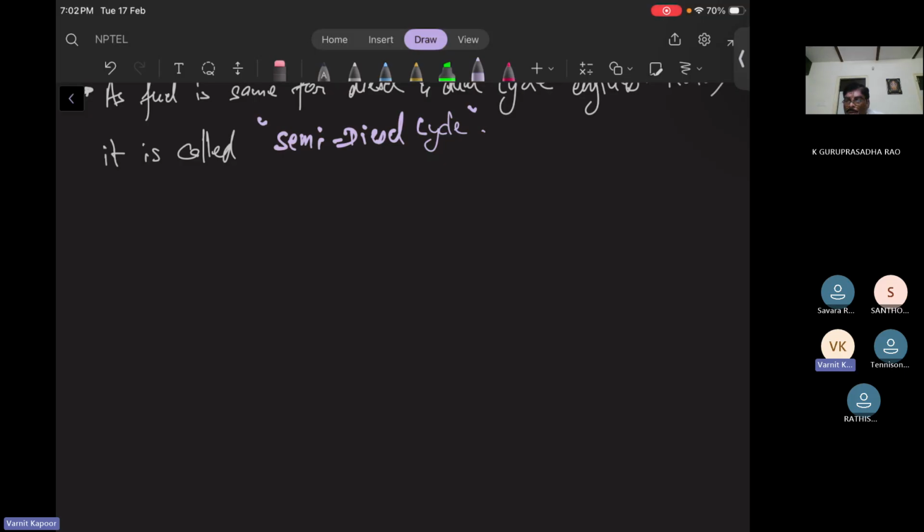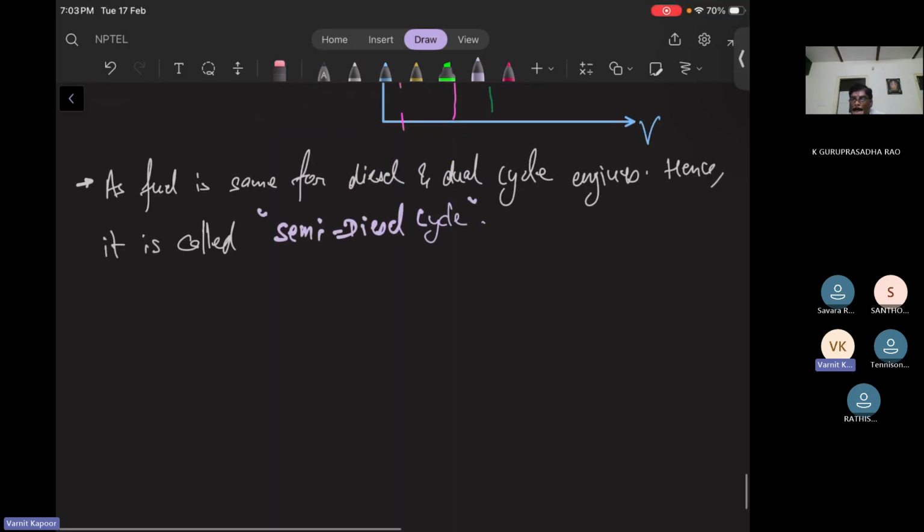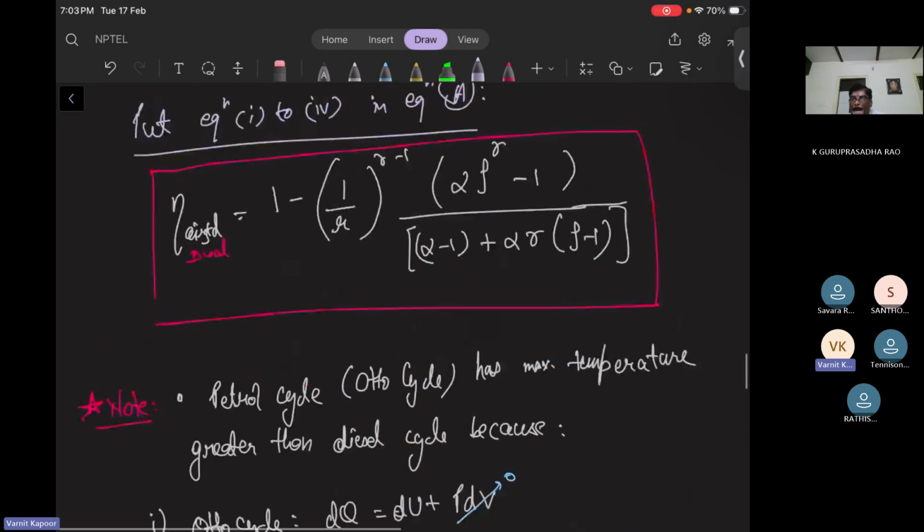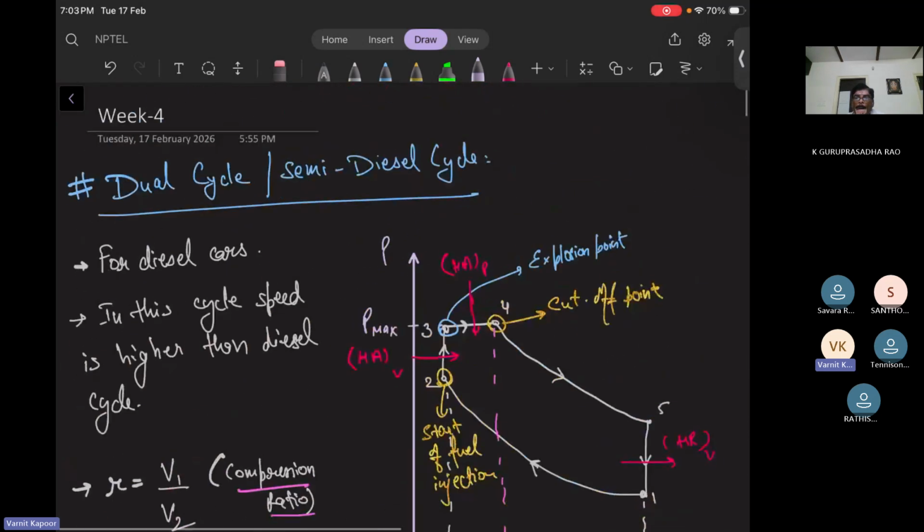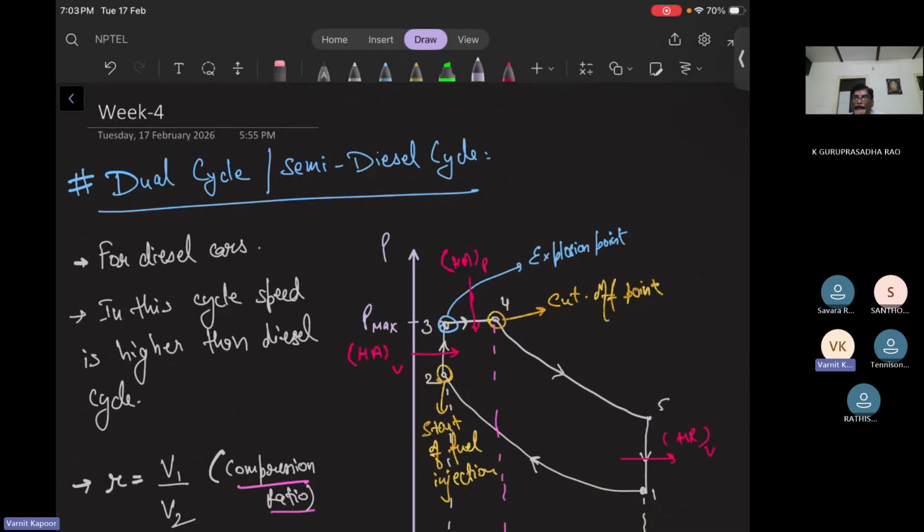What is the advantage of the dual cycle compared to the diesel cycle? As I stated in the very first point, I think you joined late. The first point is that it can be used in cars. The diesel cycle engine is quite heavy, as for trucks or very heavy machinery like in railways, which have a very large and heavy diesel engine.